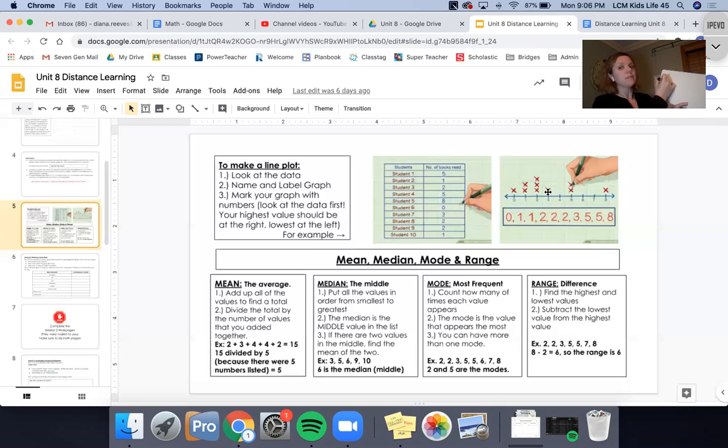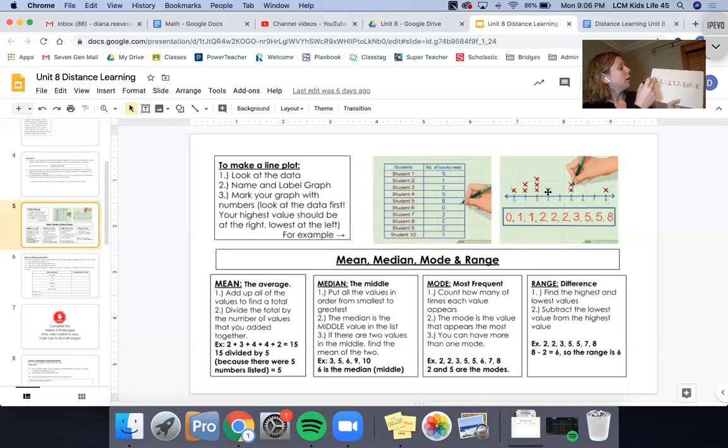So right now I'm going to have 0, 1, 1, 2, 2, 2, 3, 5, 5, 8. Okay, now notice when I listed out for the median, I did list when there were multiple numbers. So that's important. The median is the middle value when they are all listed out.